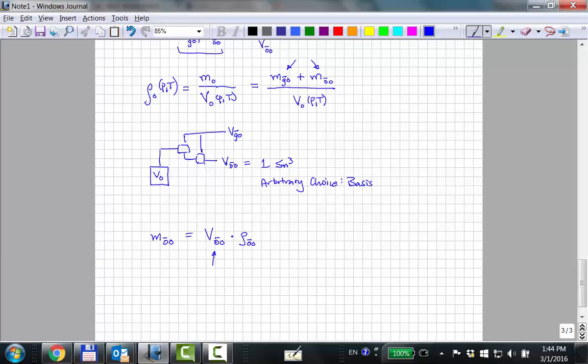This is at standard conditions, so I'm going to have to give you the mass density of that oil component coming from the oil for you to do this calculation.